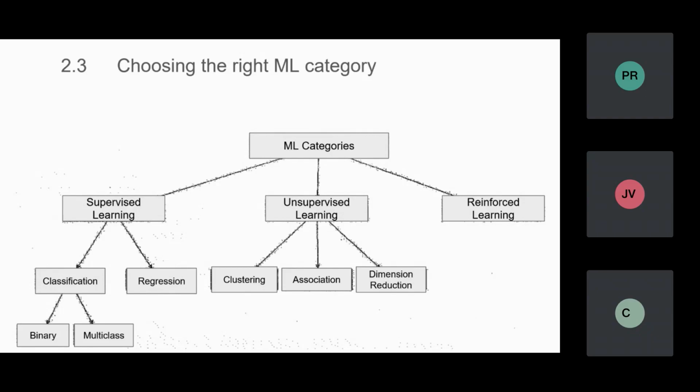If we have image processing, for example, it will directly fall into such an ML category. Discussing the ML categories, we have supervised learning, where a predefined output is known and the model is trained with datasets until it gives us the desired output.